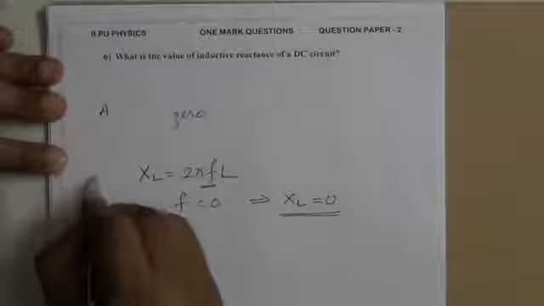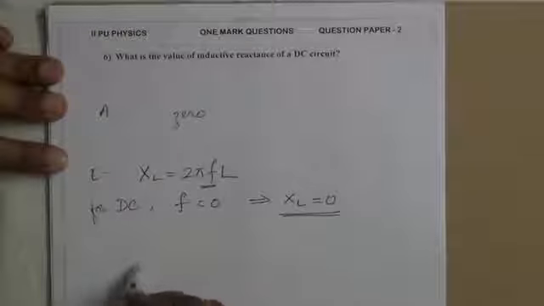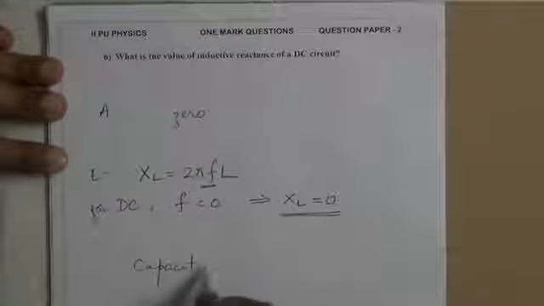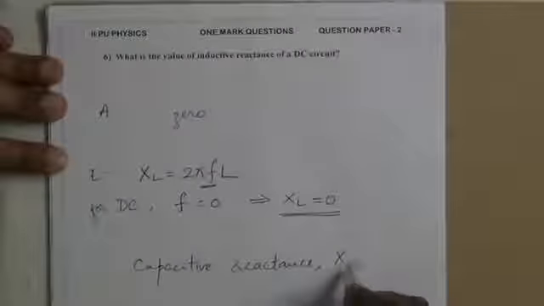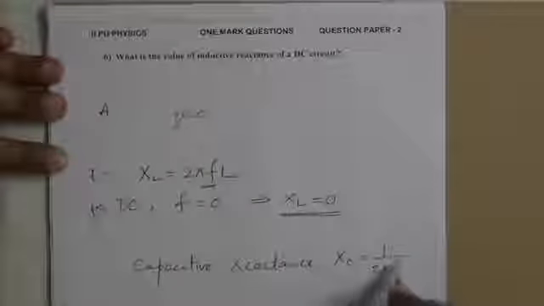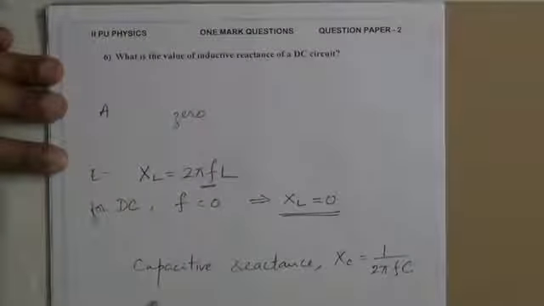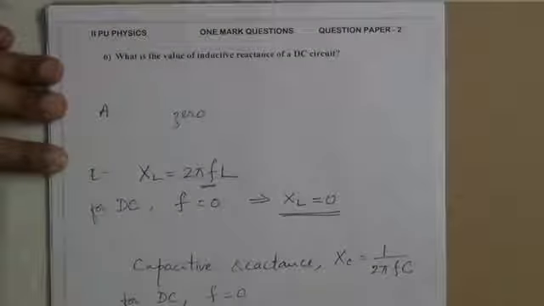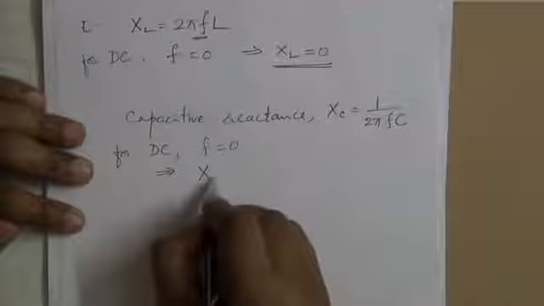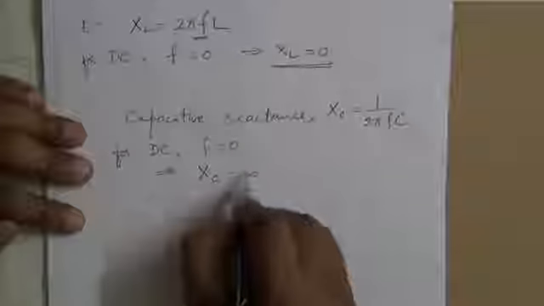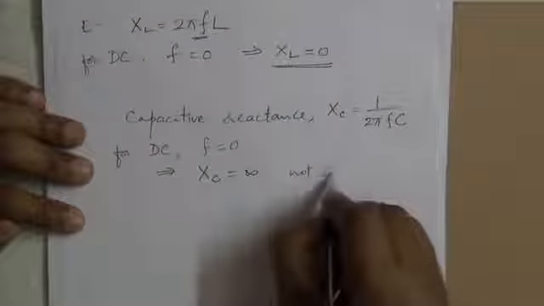Now, a little more. Capacitive reactance XC is equal to 1 by 2 pi FC. So for a DC circuit, frequency is 0, which implies capacitive reactance is equal to infinity, meaning not defined.